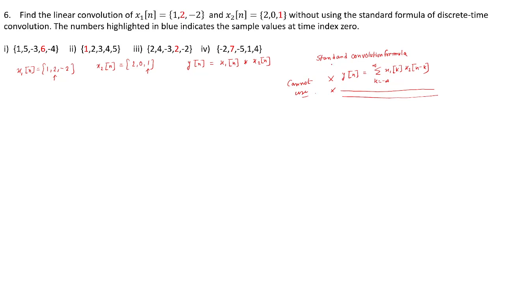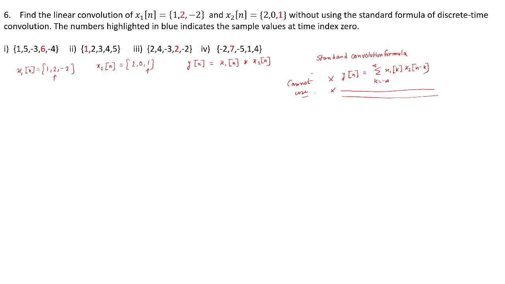So what are the choices we have to find the answer of convolution? First thing, you observe that these two sequences are really small dimension, only 3 cross 3. Since it's an LTI system, linear convolution of x1 and x2 in time domain corresponds to multiplication in frequency domain, correct?